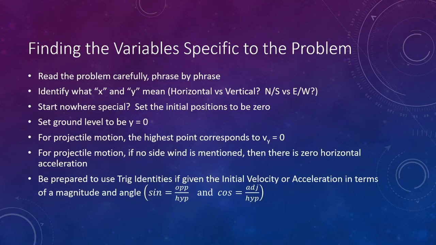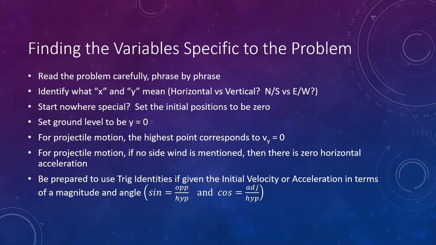When you go about finding the variables specific to the problem, you want to take your time, read through the problem carefully, look through it phrase by phrase. But here are some tricks and tips that you can use for making those identifications. First off, and this may seem like overkill at first, is just to identify what x and y mean in that problem.